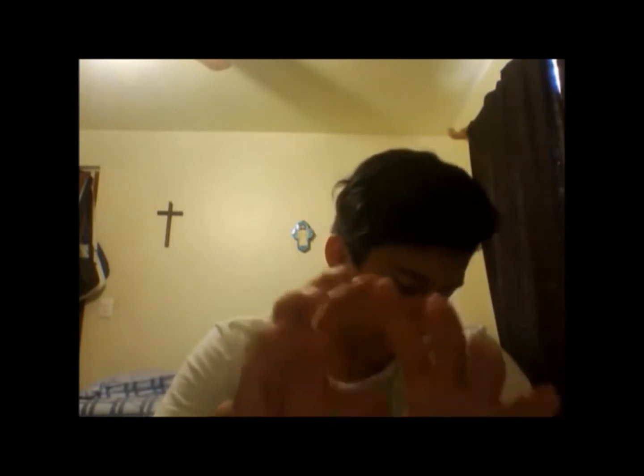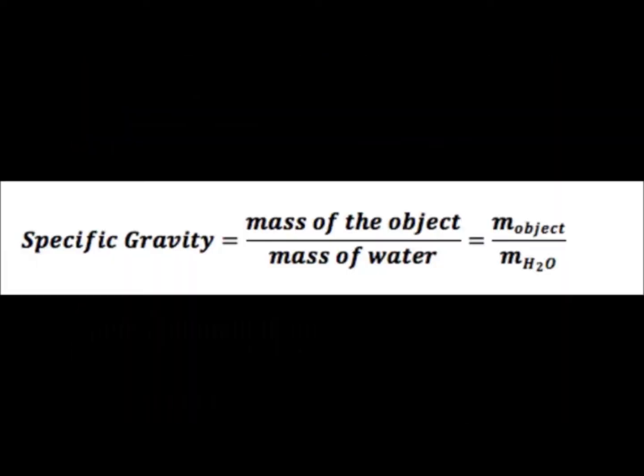In the formula, we compare the density with water, and that gives us the specific gravity, and this is the density of an object.